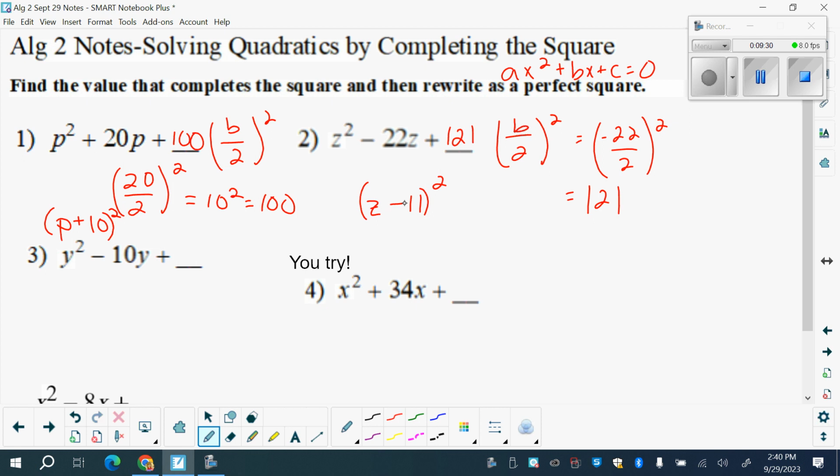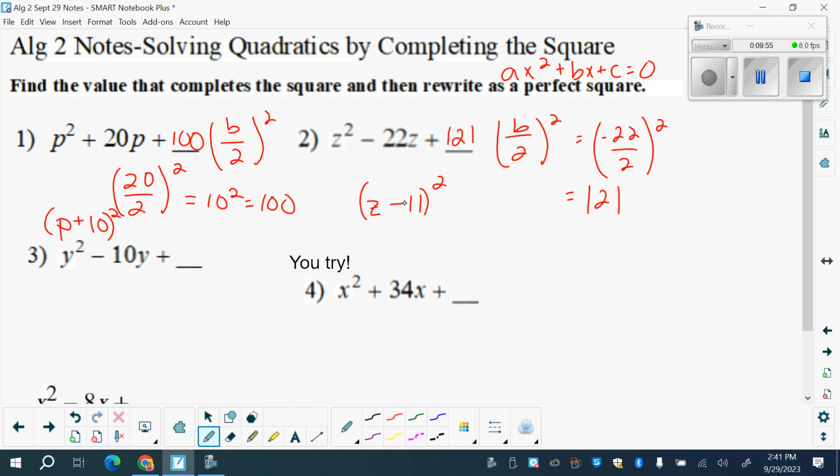This here is going to tell you what it would be, because if I take Z minus 11 times Z minus 11, it will get me back up to here. Questions on that, because it's going to get harder than this. And I know I'm throwing a lot at you on this part here. You have a question? Okay. So let's do number 3.